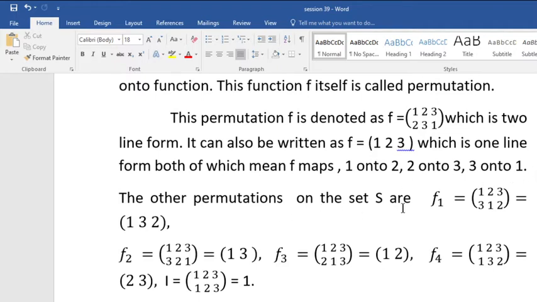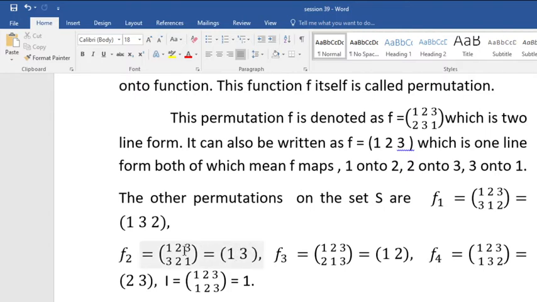Other permutations on the set are these. F1: 1 is mapped with 3, 2 is mapped with 1 and 3 is mapped with 2. This we can write in one-line notation as 3, 1, 2, and this is another permutation F2. In the first row 1, 2, 3 and in the second row 3, 2, 1. That means 1 is mapped with 3, 2 is mapped with 2 and 3 is mapped with 1. This can also be written by writing only 1 and 3.